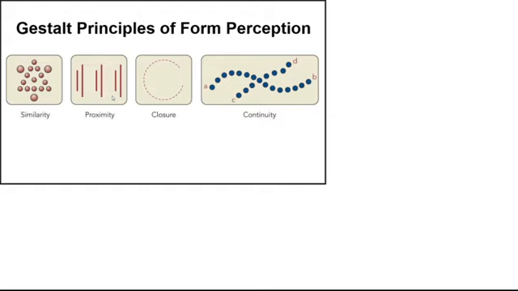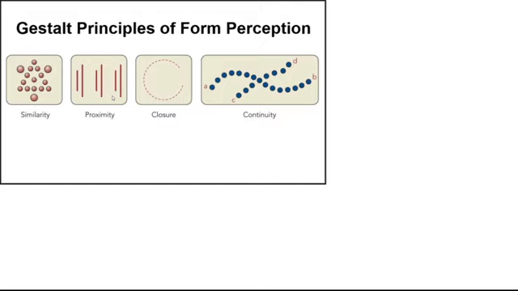And that's very close to our idea of continuity, where we tend to want to continue things. We tend to want to see movement and lines moving together. So we'd interpret that image as a line that goes from A to B and another line that goes from C to D, rather than, say, 2 separate sort of shark fin shapes that go from A to the middle to C and then D to the middle to B. We'd see that continuity of 2 nice continuous lines as opposed to some random shark fin shapes.